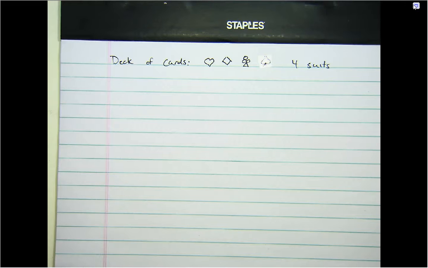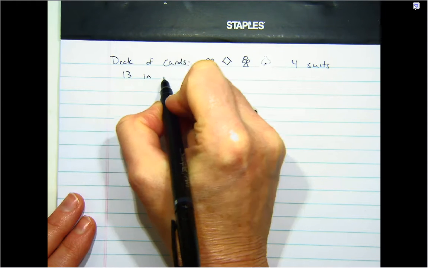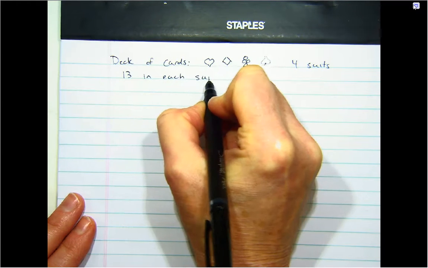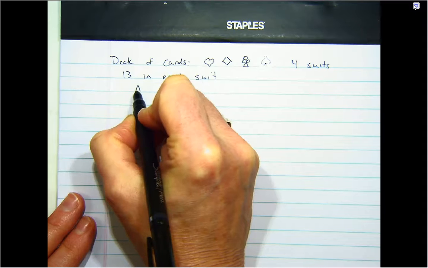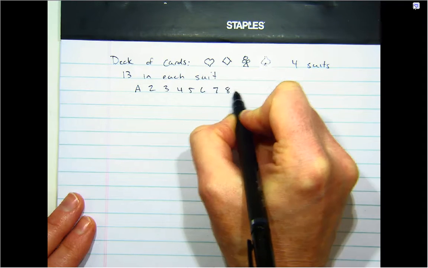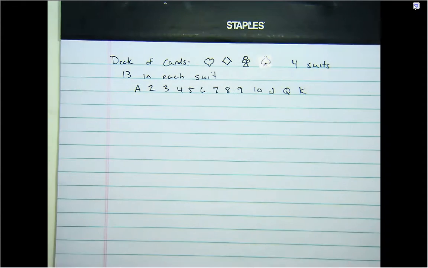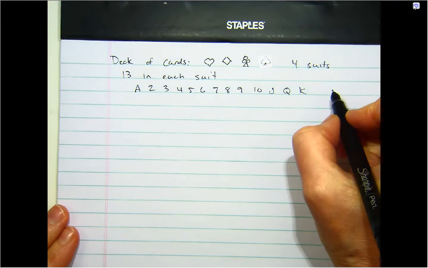Good. And how many in each of the 4 suits? 13. Good. 13 in each suit. So you have the ace, 2, 3, 4, 5, 6, 7, 8, 9, 10, jack, queen, king. We'll be using other problems with decks of cards throughout the semester. And like you said, that adds up to 52 cards.